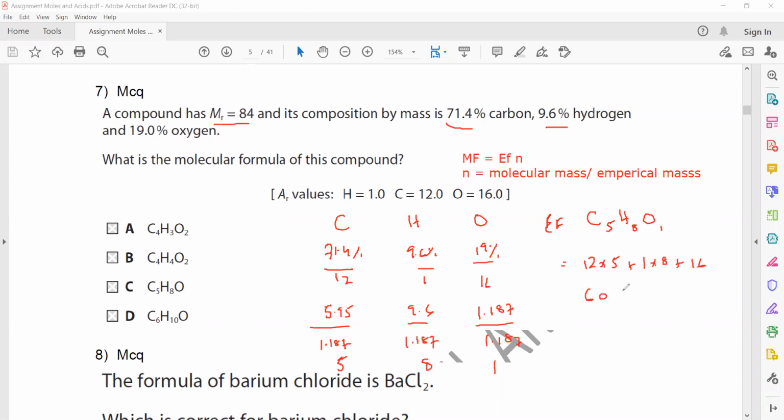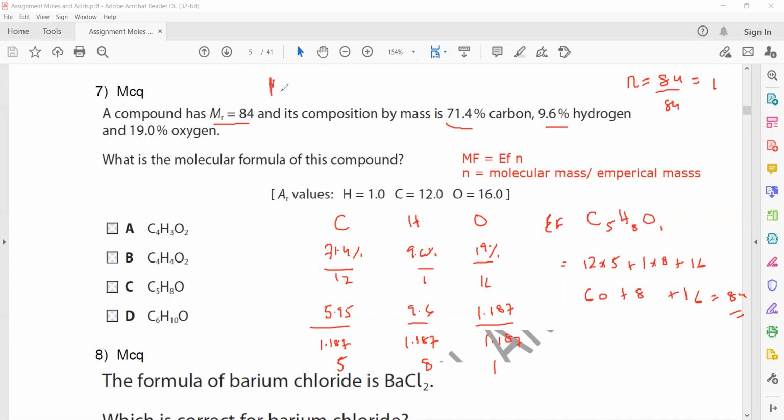So that will be 60 plus 8, 68, and plus 16, that's equal to 84. So we have the same molecular mass, and empirical masses are same. So value of N will be 1, because N is molecular mass divided by empirical mass. So 84 divided by 84, that's equal to 1.